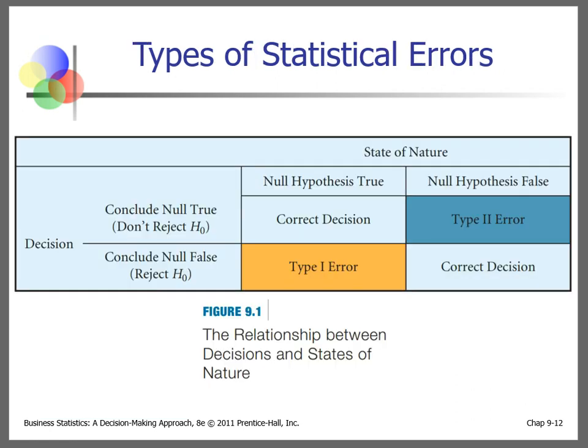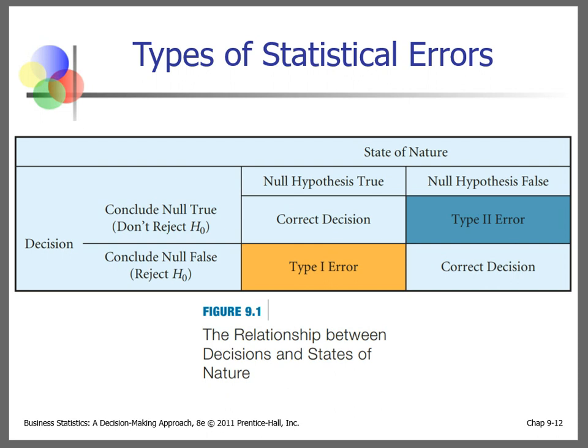Because of the potential of extreme sampling error, two possible errors can occur when a hypothesis is tested: the type 1 error and the type 2 error. These errors show the relationship between what actually exists and the decision made based on the sample information.